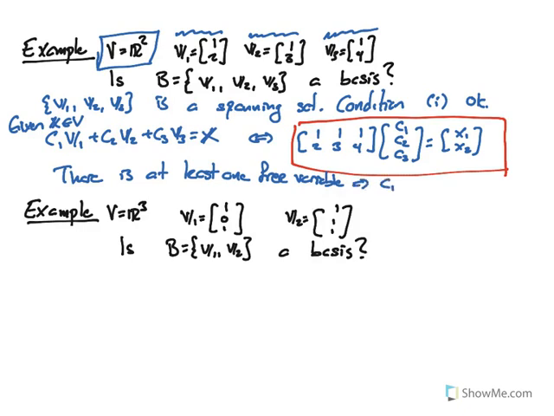What this means is that C1, C2, C3 are not unique. So condition 2 fails. This is not a basis.